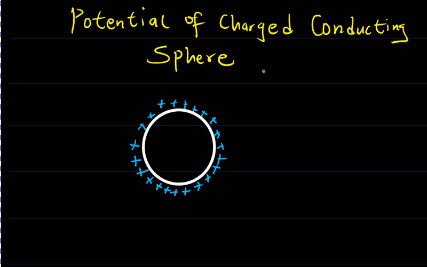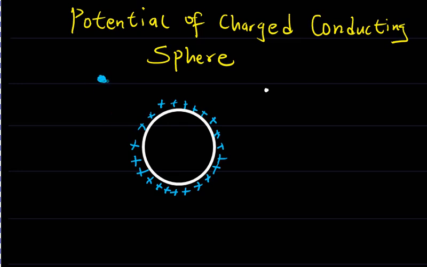Now we are going to be looking at the electric potential of a charged conductive sphere. Here is a diagram. When you have a sphere, we've already discussed the electric potential at a point due to a point charge. A point charge is just a small particle, just a point.